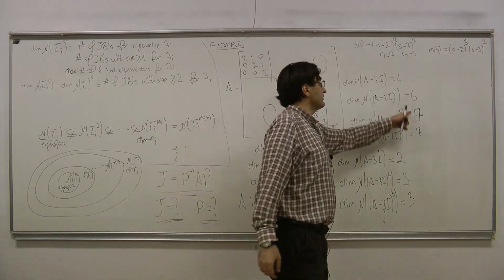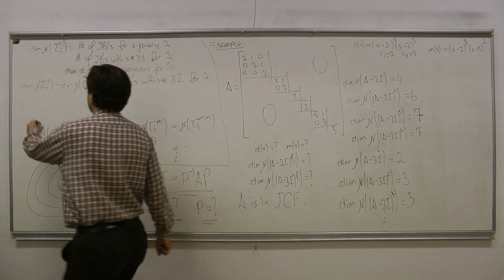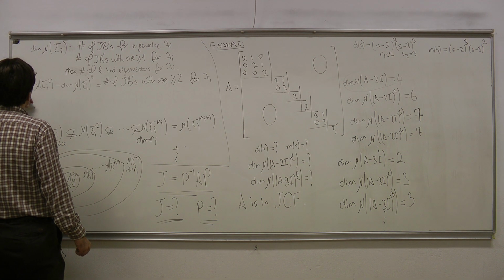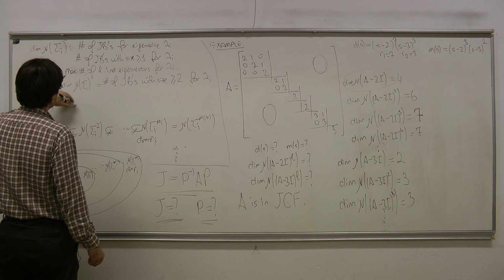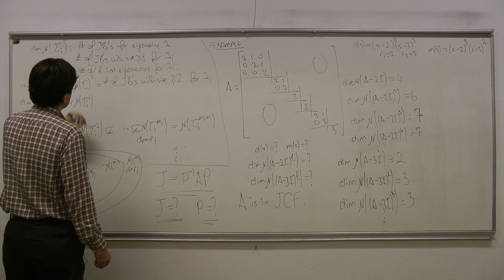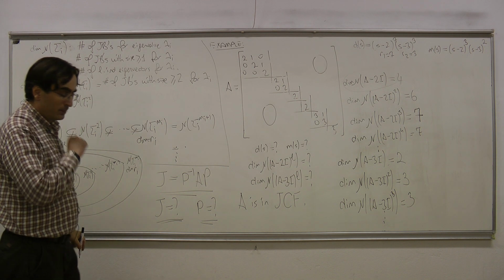And what about the next increase here? This is going to be the dimension of the null space of sigma I cubed minus the dimension of the null space of sigma I squared.